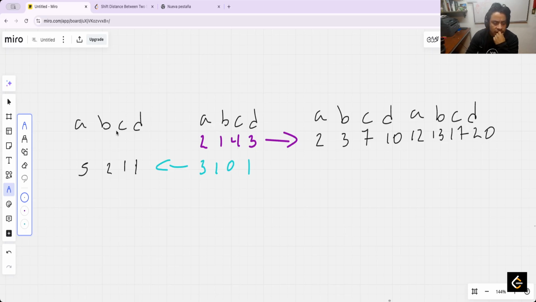And for this, the array, in this case A, B, C, D, A, B, C, D, I'm starting here, I have 1, 1, 2, 5, and it means that I need to start again here, or here.